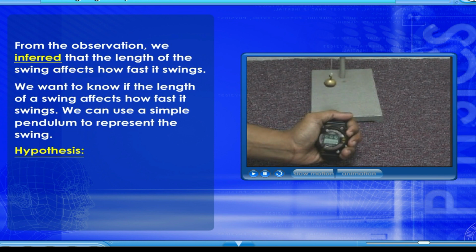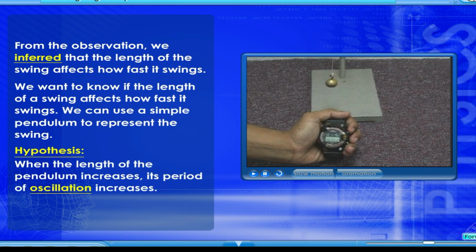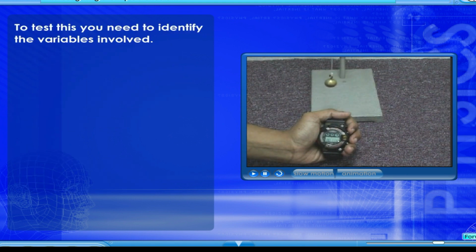What is the hypothesis to be tested? As the length of the pendulum increases, its period of oscillation increases. Next, you need to identify the variables involved. To help you do this, you can ask yourself these questions.